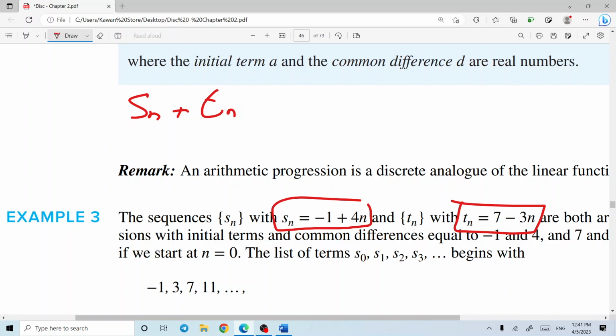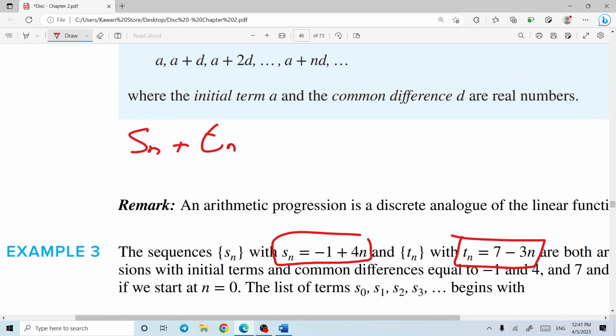So give me the number for s_n. How are the terms of s_n? n should be 0, so I'll get minus 1. If n is 1, I will get minus 1 plus 4, so I'll get 3. Then 8 minus 1 is 7, and something like that.